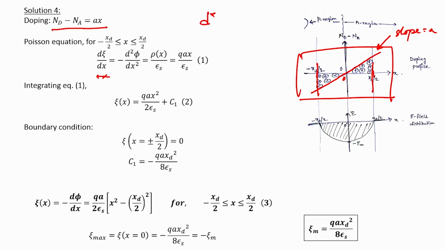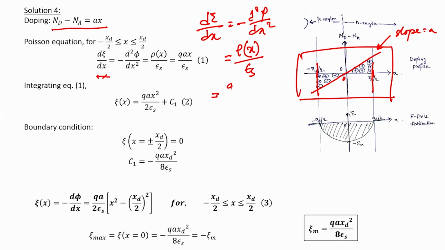Let us write that: dE/dx is equal to minus d2 phi dx square, which is equal to the charge per unit volume in the semiconductor divided by the semiconductor permittivity.